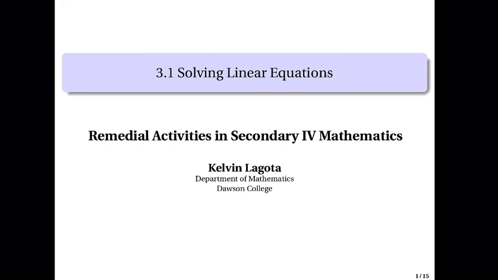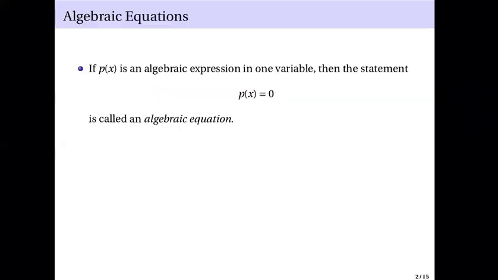Okay, so what is an algebraic equation? We begin with the definition of this algebraic equation. If p of x is an algebraic expression in one variable, this algebraic expression can be a polynomial, a linear expression or quadratic expression.